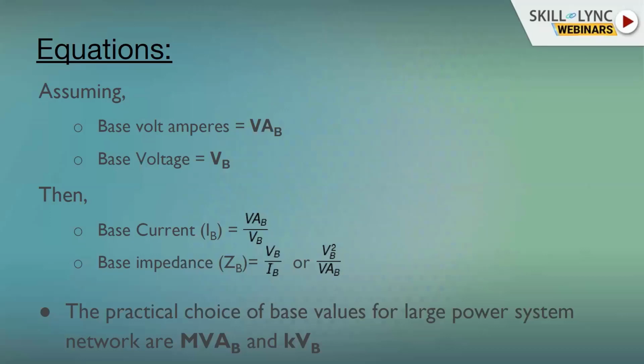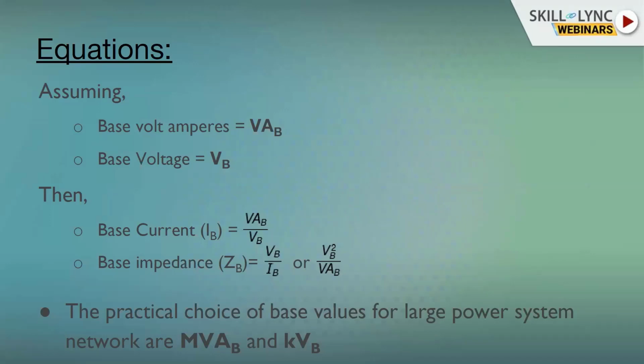If we assume VA base as the base power and VB as the base voltage level, then the base value of the current, from definition, will be volt ampere divided by voltage, and the base impedance, again from the same fundamental equations, will be equal to base voltage divided by base current, or the square of base voltage divided by volt ampere base.